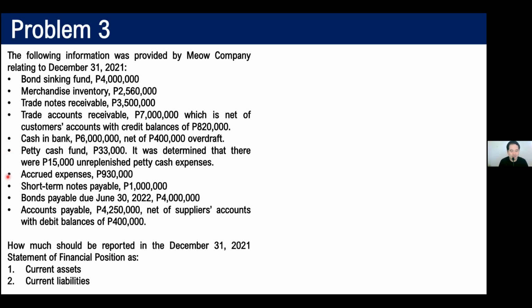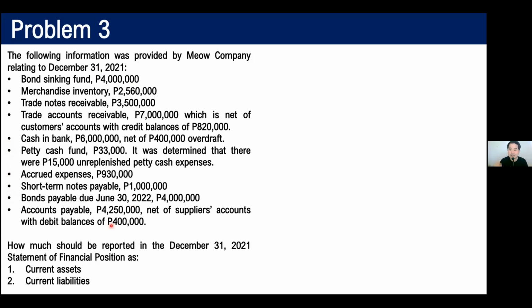Accrued expenses of 930,000. And then we also have your short-term notes payable of 1 million. Ito na yung bonds. Bonds payable due June 30, 2022. We're talking about December 31, 2021. So, current na siya, di ba? And then, accounts payable of 4,250,000 net of suppliers accounts with debit balances of 400,000.